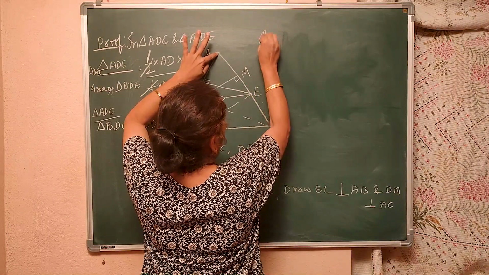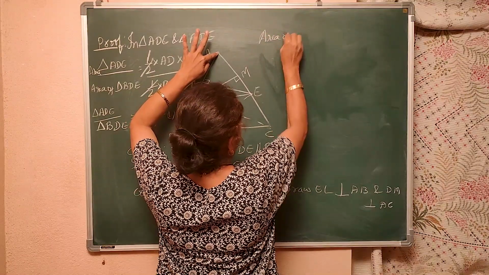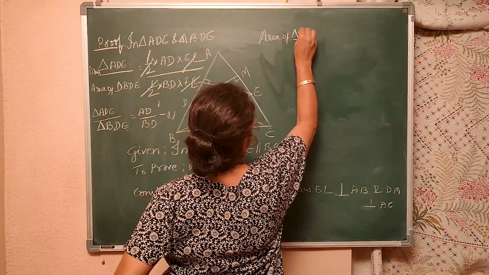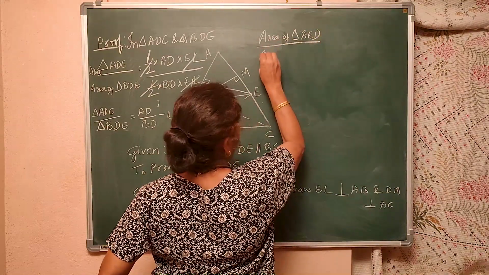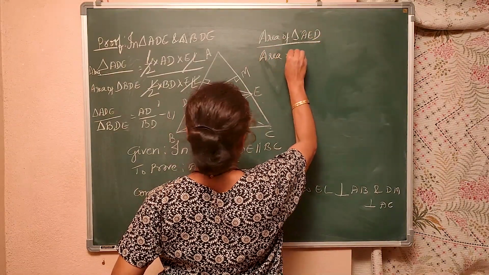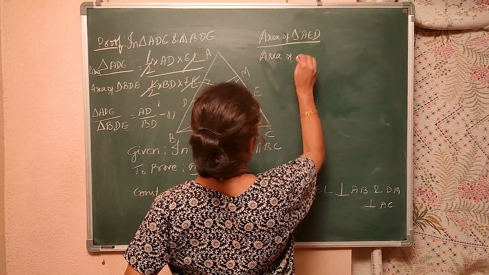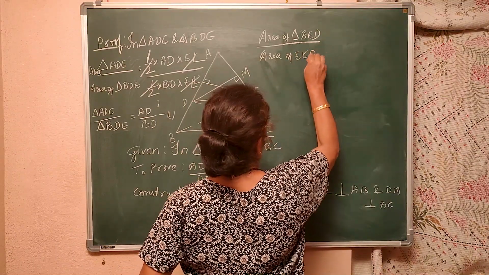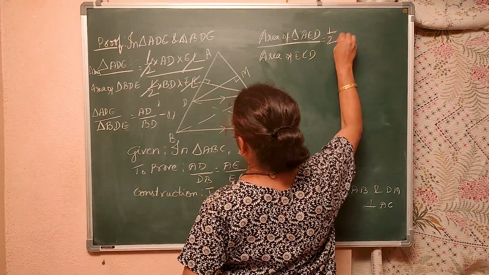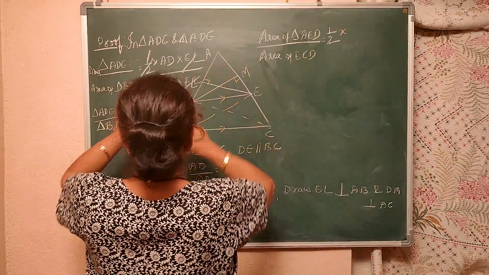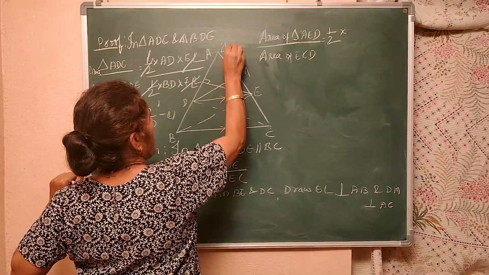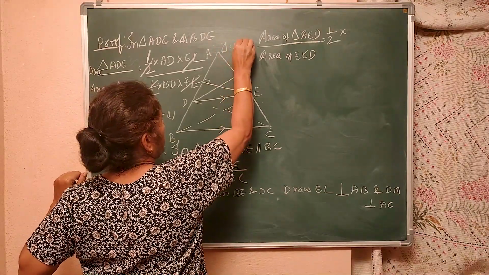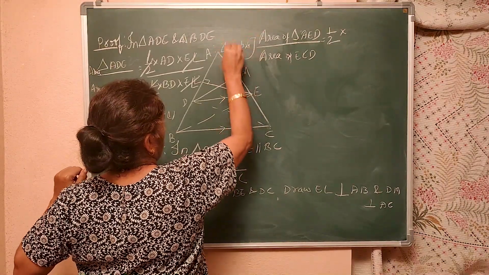So area of triangle AED divided by area of triangle ECD is equal to half into, you have to write down the reason here, because area of the triangle is equal to half into base into height. Don't forget that. That is very important.